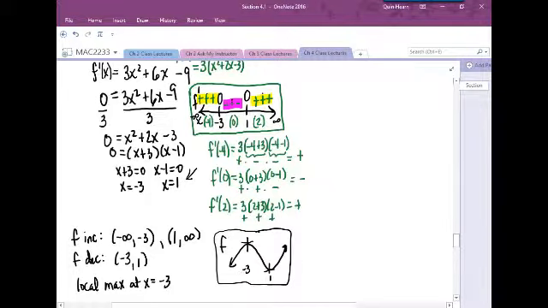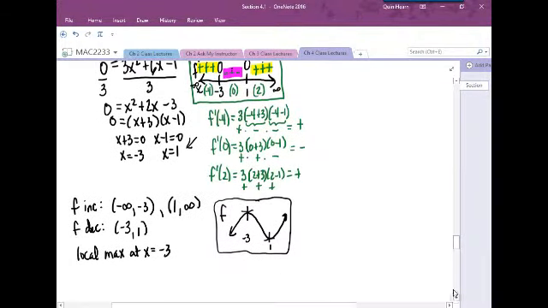So that's where our local extrema will occur. So when it asks where does f have local extrema, we have a local maximum occurring at x equals -3, and we have a local minimum occurring at x equals 1. And that's everything that we were asked to find.